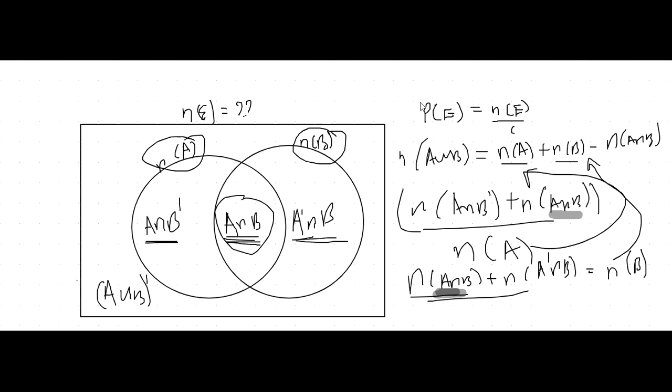So that we literally remain with A intersection B prime, A intersection B, and then A prime intersection B. So that is what we are literally doing. Any questions regarding that explanation?